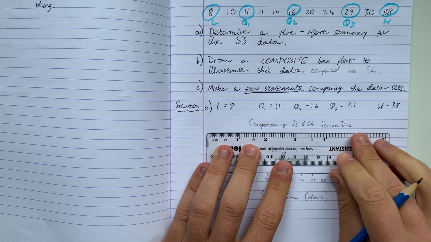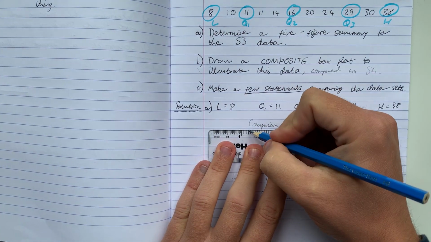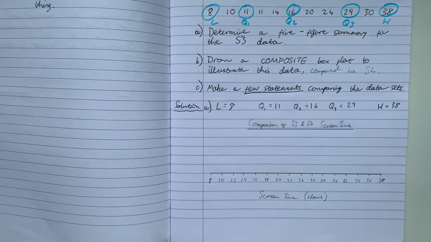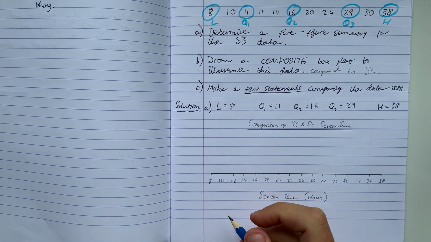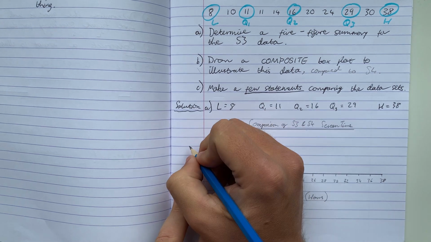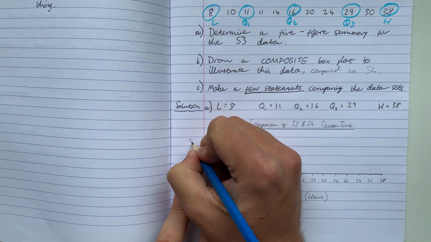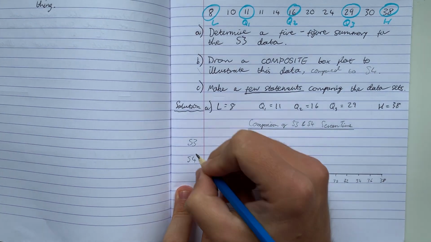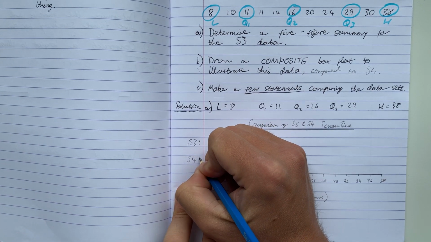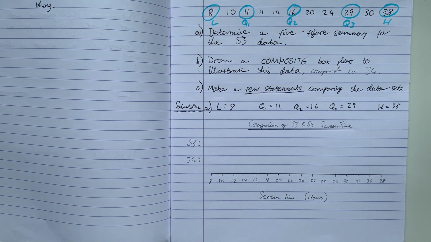We can put a wee underline for that title, and then I need to go ahead and start constructing my box plot. So I've got enough space here to put a wee gap between them, so I'm going to basically stack them on top of each other. I'm going to have the S3 one up here, and I'm going to have the S4 one down there like that. So this is where S3 is going to live, this is where S4 is going to live, like that.